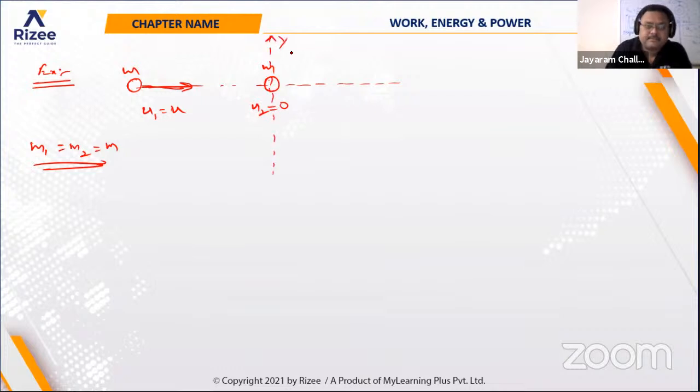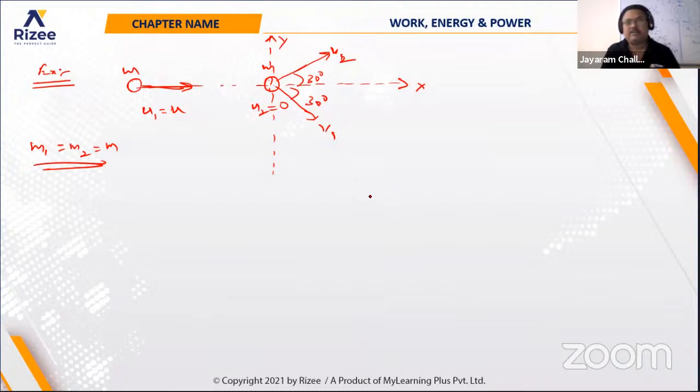Now suppose after collision both the balls make an angle of 30 degrees with respect to the x-axis, both angles the same. Let the speeds be V1 and V2. We need to find out these two values.